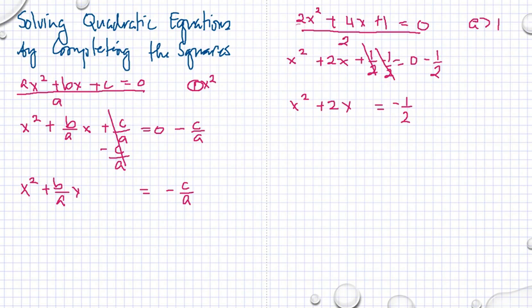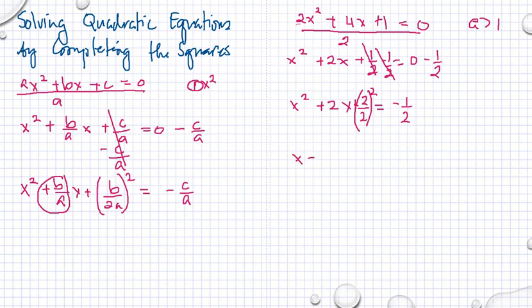And the last thing that you're going to do is take half of the middle term. This one is our middle term. Take half of it and then square it. So I'm going to take half of 2, squared. What you get is a perfect square.